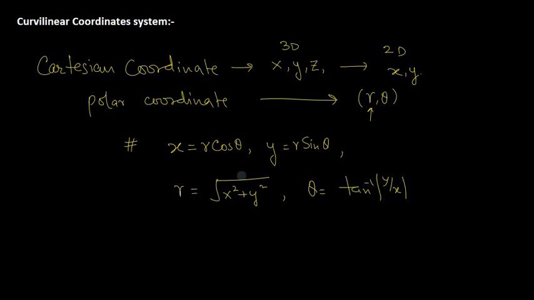So these are the relations between the Cartesian coordinate system and the polar, r and theta.